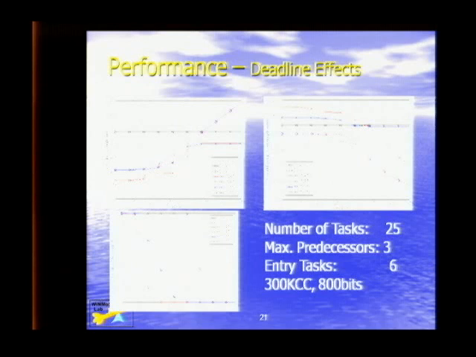On the other hand, the price that we pay for not missing the deadline is higher energy consumption. But you can reduce that quite a bit by applying DVS capability, if you have it, of course.